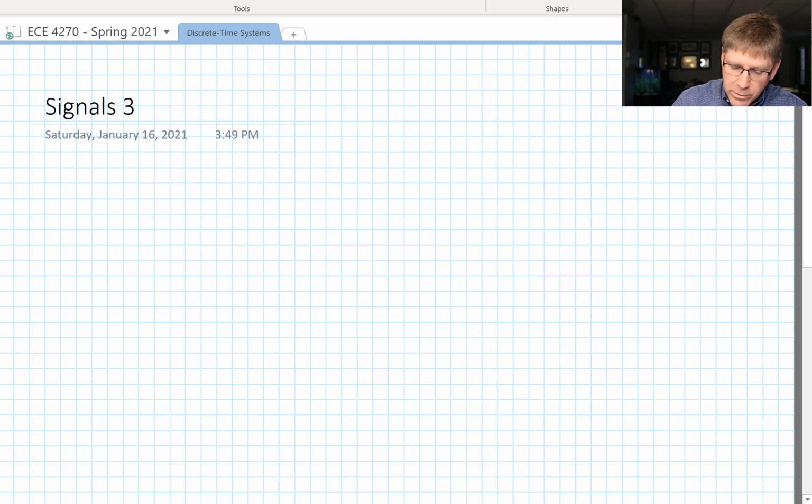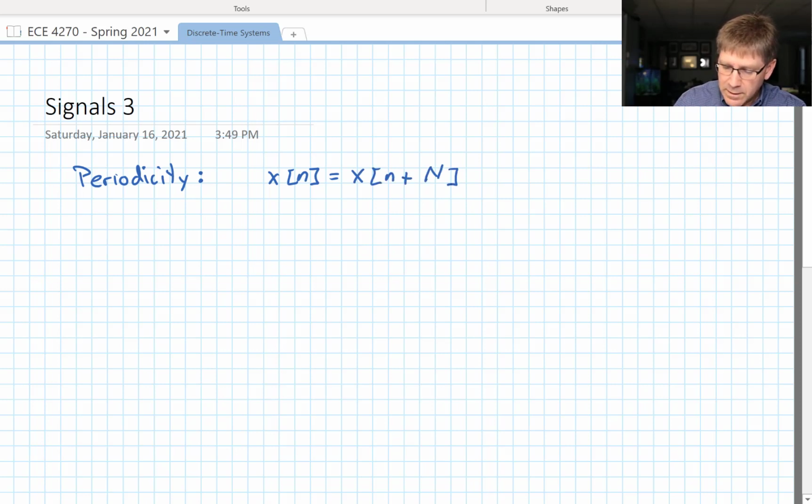Okay, a few other concepts that we should cover about signals. One is periodicity. For a discrete time signal, we have a periodic signal if x of n plus capital N, where capital N is the period and is also an integer, is equal to x of n.